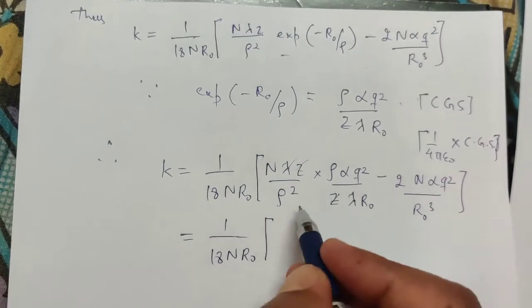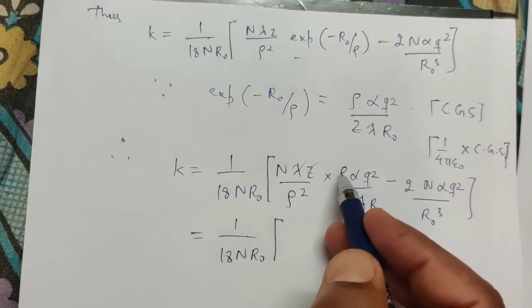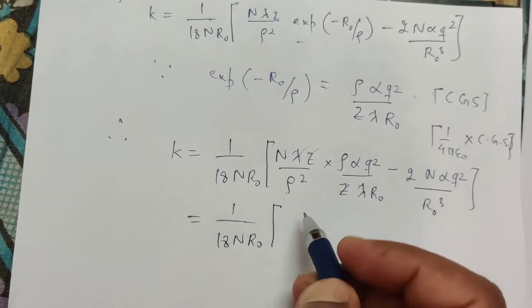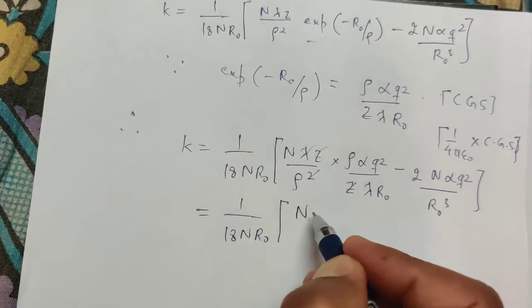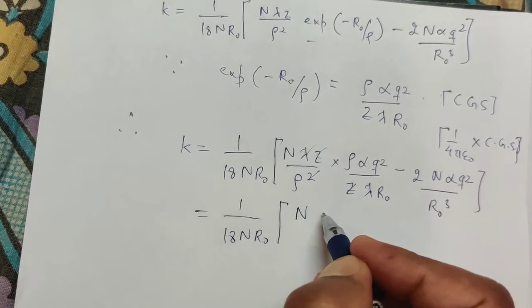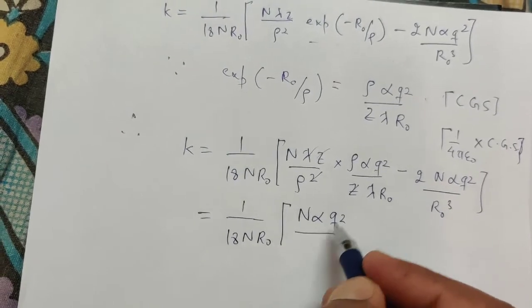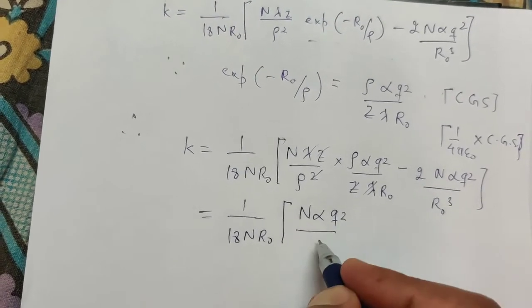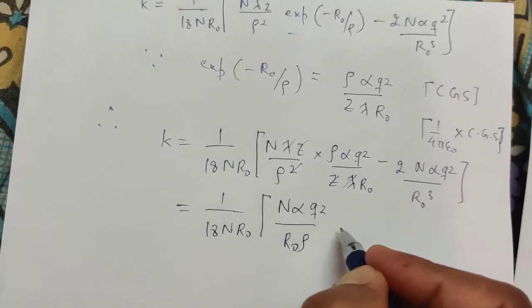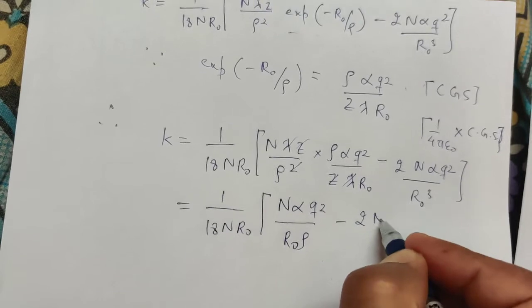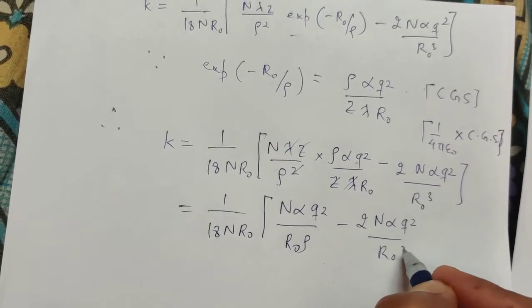Lambda z cancelled, rho also cancelled, so this will be n alpha q square into r naught upon rho minus 2 n alpha q square upon r naught cube.